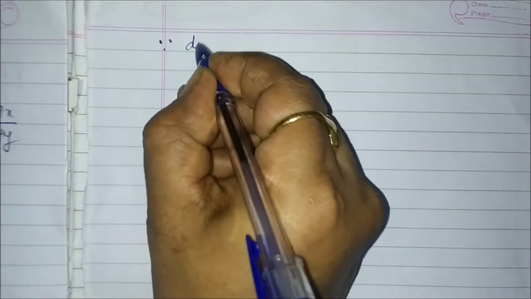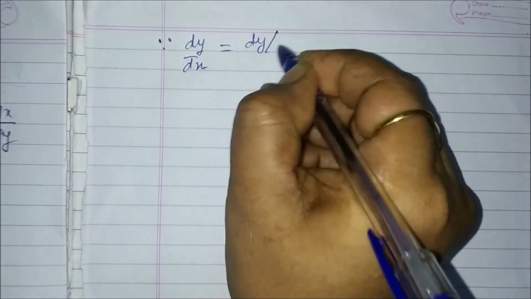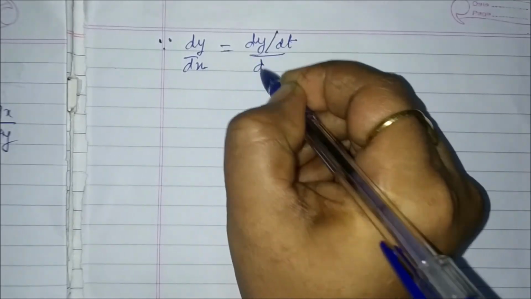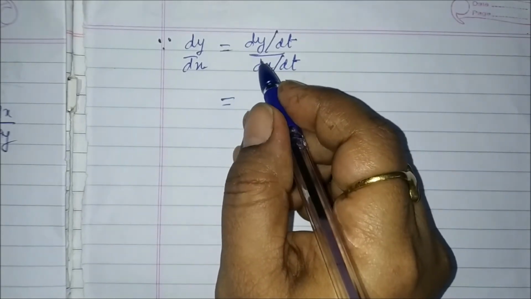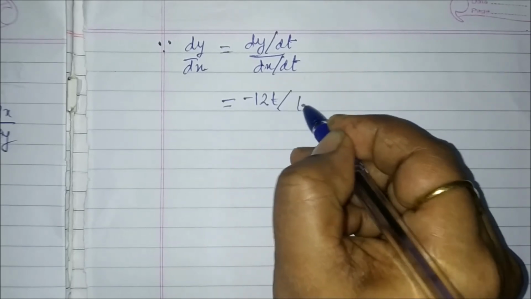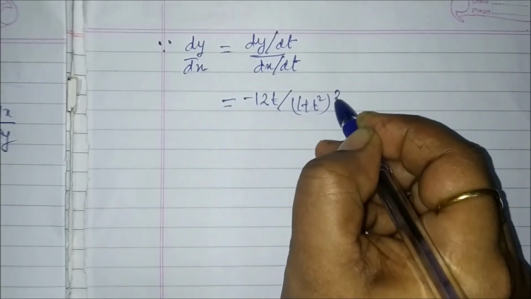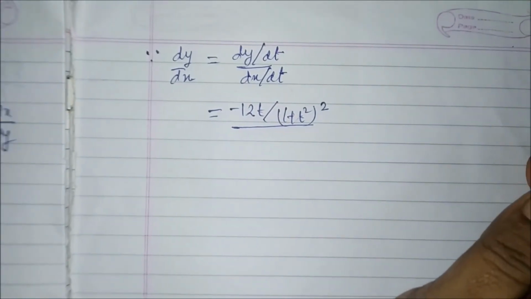Since dy by dx is equal to dy by dt upon dx by dt. What is dy by dt? Dy by dt is minus 12t upon 1 plus t square, upon, what is dx by dt?